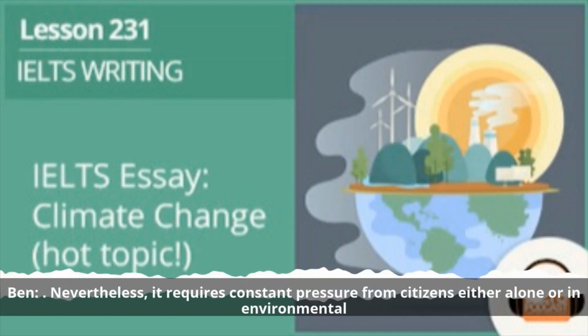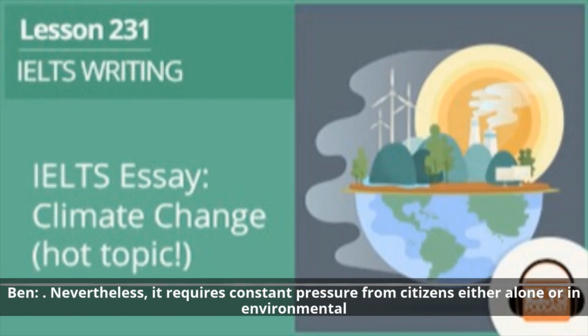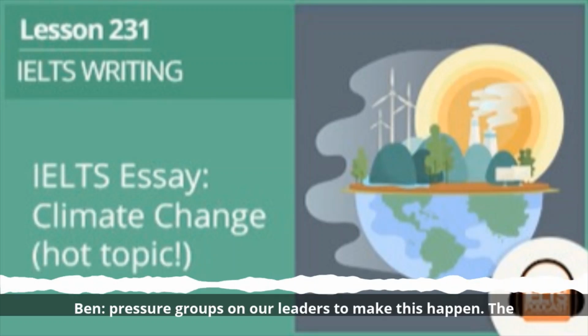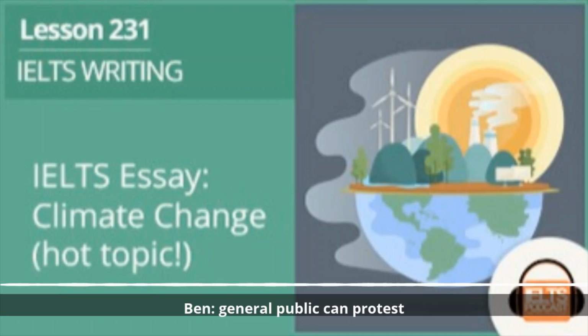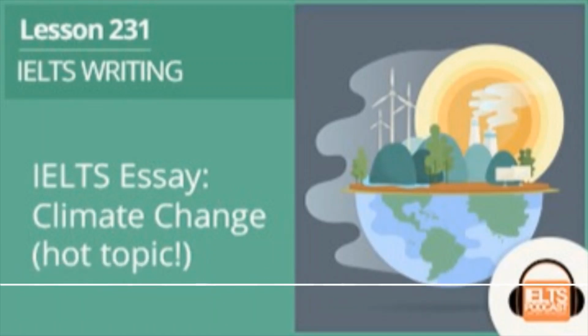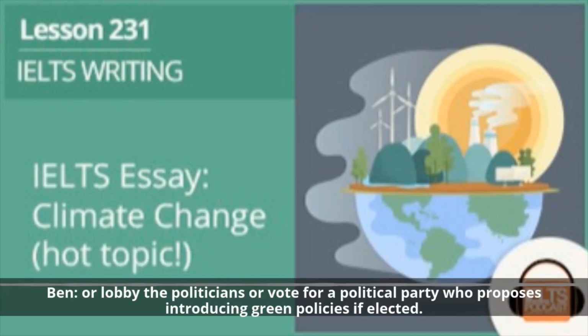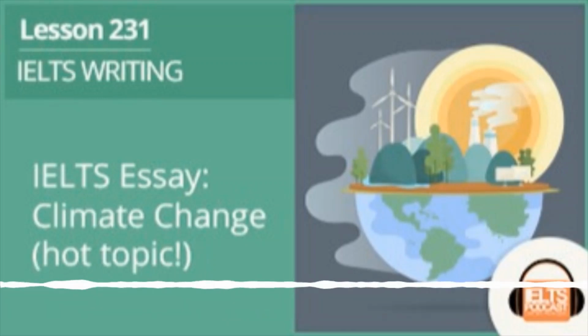Nevertheless, it requires constant pressure from citizens, either alone or in environmental pressure groups, on our leaders to make this happen. The general public can protest, lobby the politicians, or vote for a political party who proposes introducing green policies if elected.